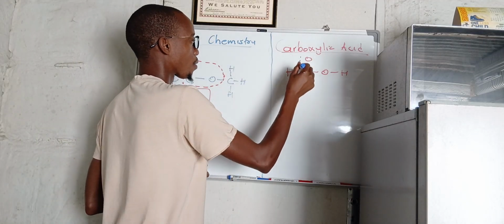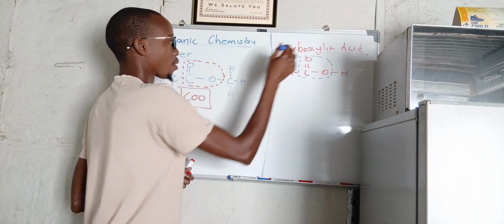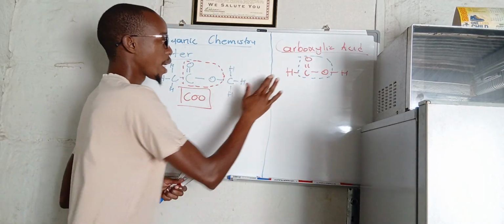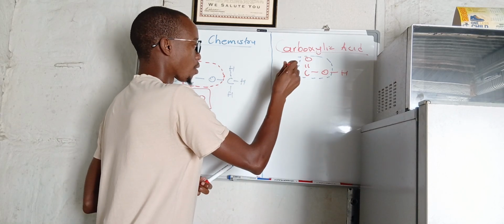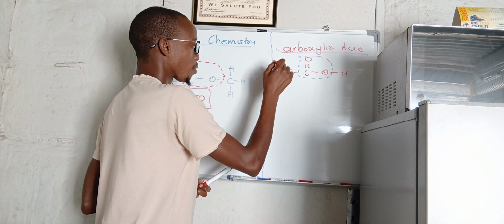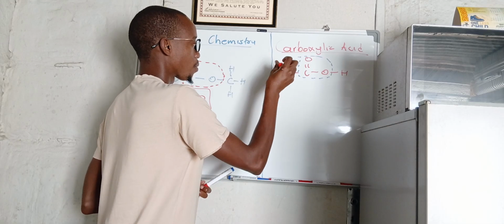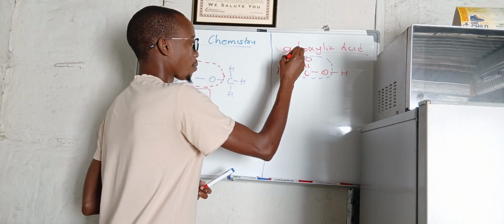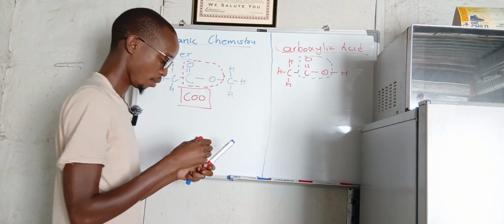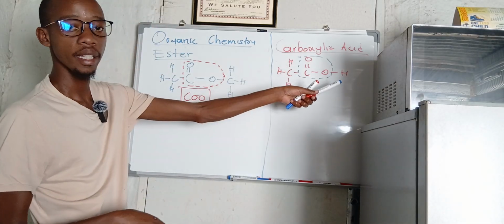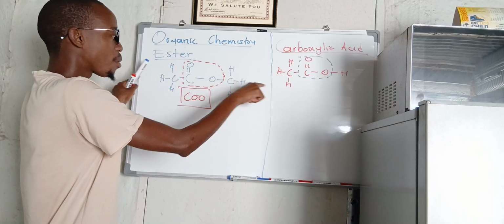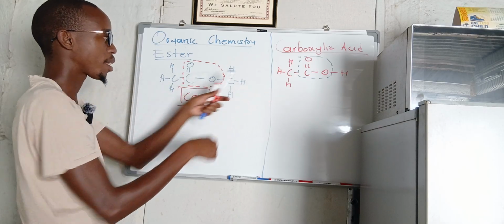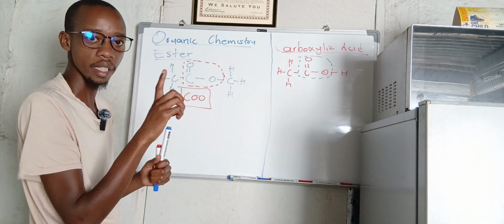Here we are. We can only add carbons on the side, but on that side, it is closed by that hydrogen. But here, we can add carbons indefinitely, while there, we can only add carbons on one side.